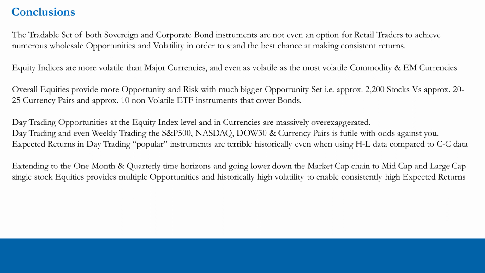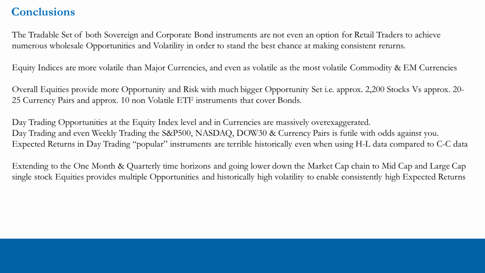It's just going to be something that's in your database internally that you innately understand. So what conclusions do we come to? Well, sovereign and corporate bond instruments are not even an option for retail traders to get numerous wholesale opportunities and volatility to stand the best chance to get consistent returns.